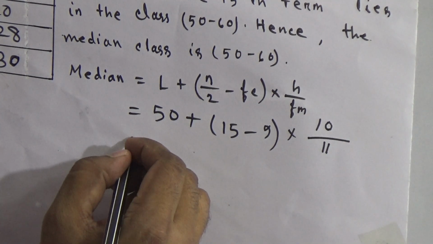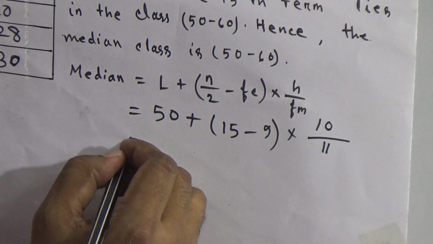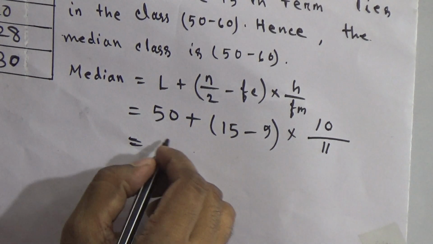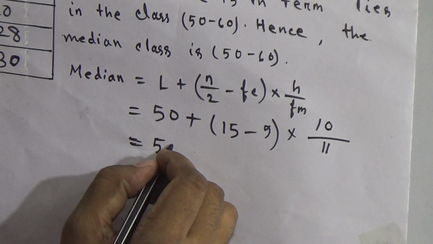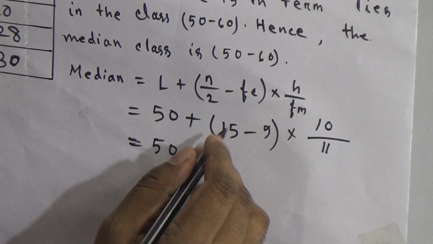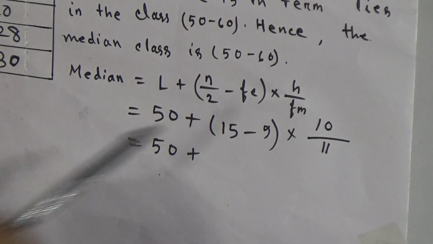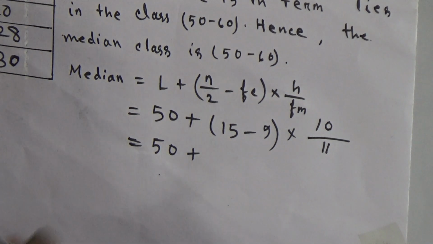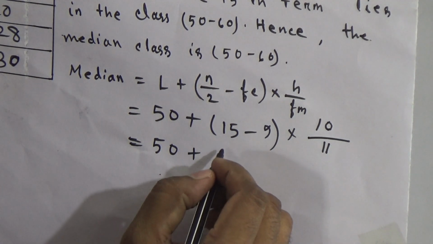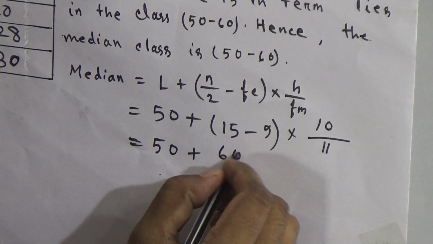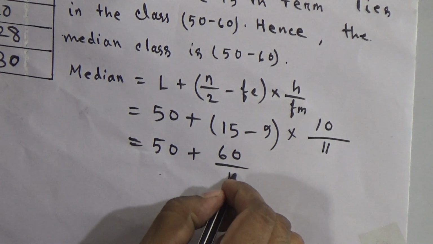Now after simplification we can get the value of the median. 50 plus, here 15 minus 9 is equal to 6, and 6 multiplied by 10 is equal to 60. 60 divided by 11.